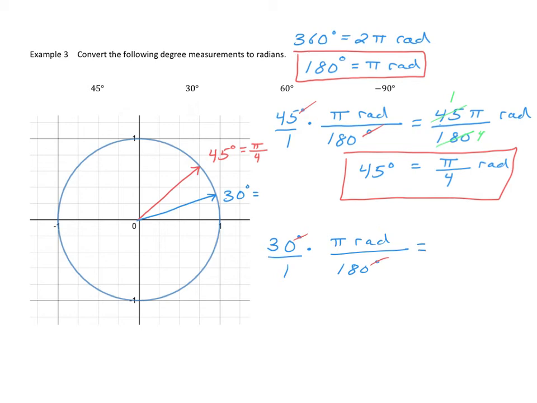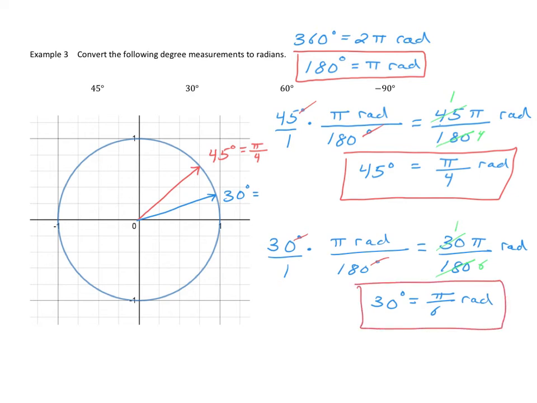If I multiply the numerators, I get 30 pi over 180 radians. Now, 30 goes into itself once, it goes into 180 a total of 6 times, and we've done it. 30 degrees is equivalent to pi over 6 radians. So I'll put that here.